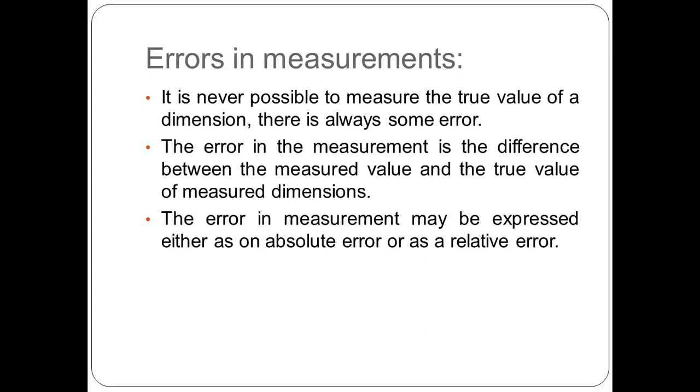So let's see what is the error in the measurement. What is meant by error in the measurement? Whatever we are going to manufacture, we measure that part. Each and every time we measure the parts, it shows some difference in the value.